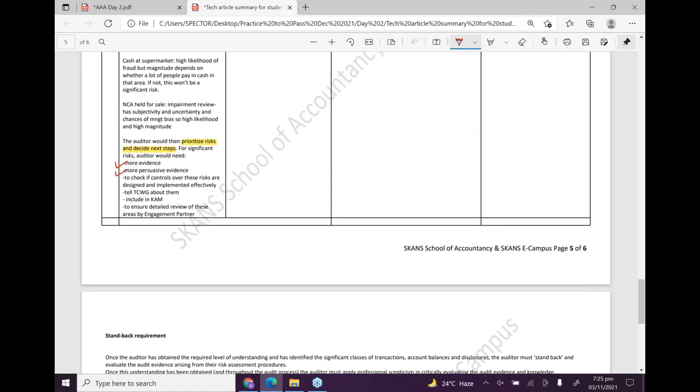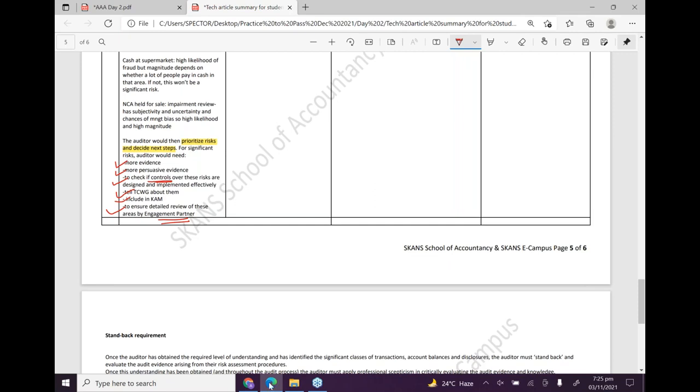I will make sure the quality of evidence is better. I will check internal controls over this area. I will make sure I tell those charged with governance about them, maybe include them in the key audit matter paragraph, and the partner should look at these areas in detail.